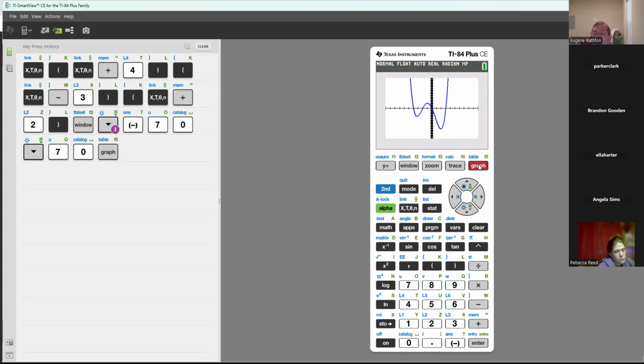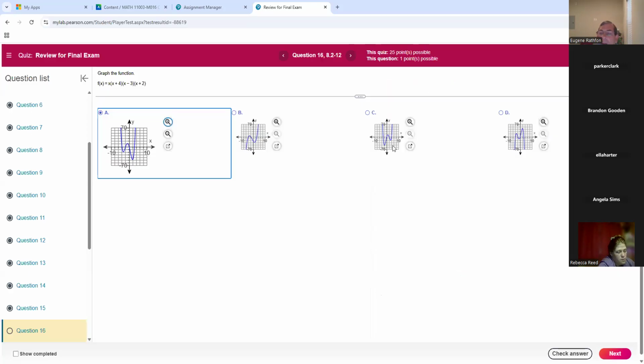And there you go. So it looks like a W, and it's got this little hump to the left of the y-axis, okay? So let's go pick one of those that matches that. Oh, no, I actually think it's the one I had highlighted here, right?